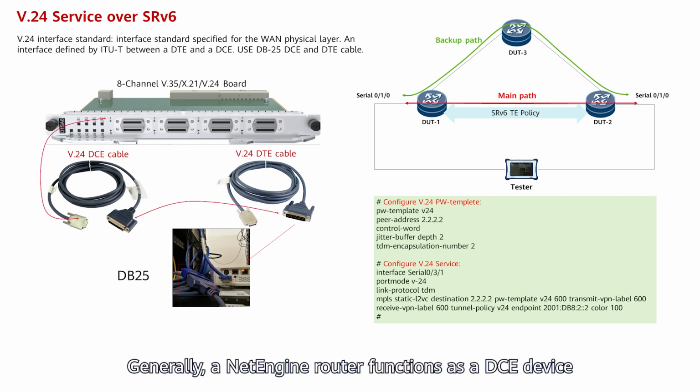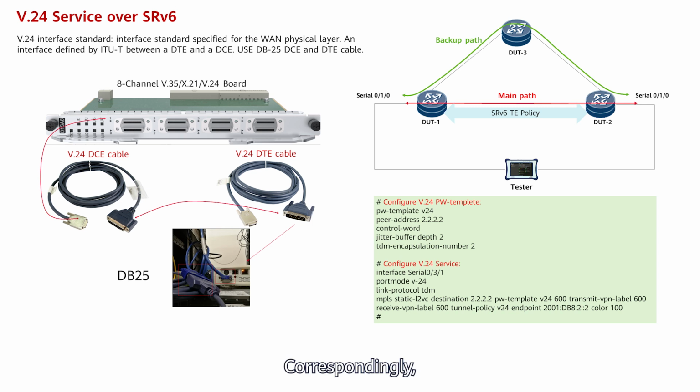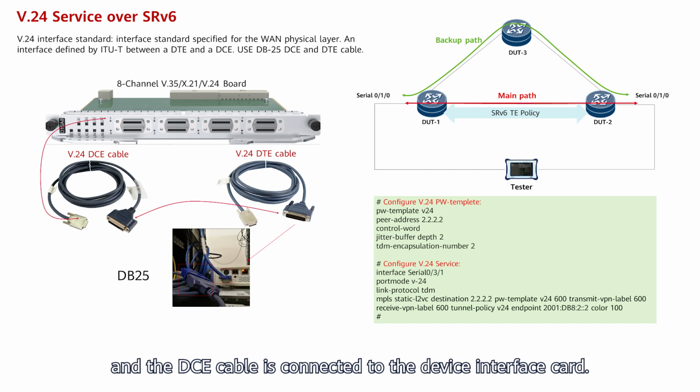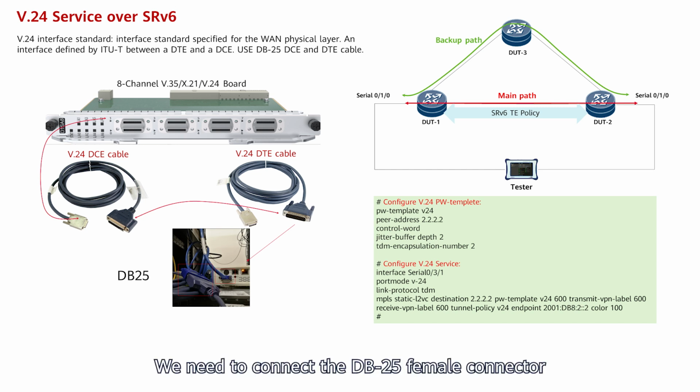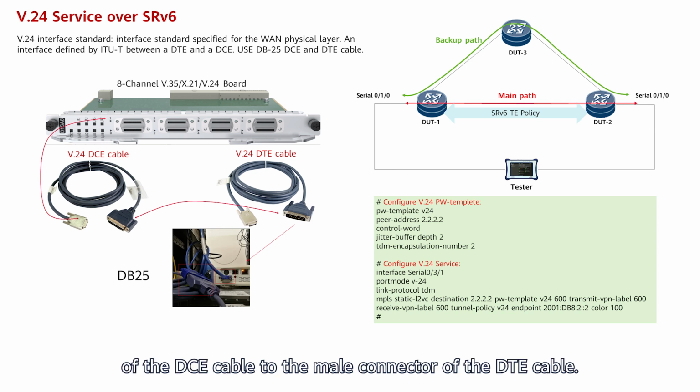Generally, a NetEngine router functions as a DCE device and the connected terminal functions as a DTE device. Correspondingly, the DTE cable is connected to the terminal and the DCE cable is connected to the device interface card. We need to connect the DB25 female connector of the DCE cable to the male connector of the DTE cable.